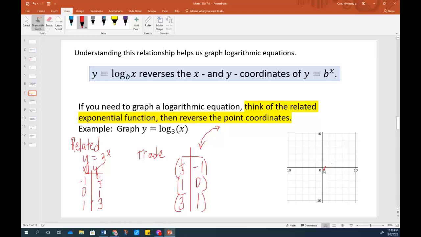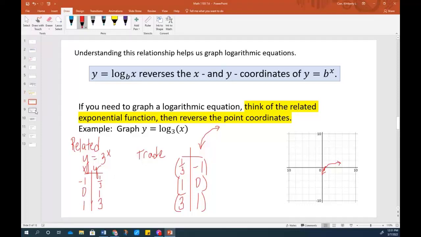So again, you can see this is a real steep sort of thing at the beginning. And then that levels off somewhat. It's still going up, but not much. And it should not cross the y-axis. It's really close to it, but it's not crossing the y-axis. So that's our logarithm. You think of the related one, and then we turn it around.